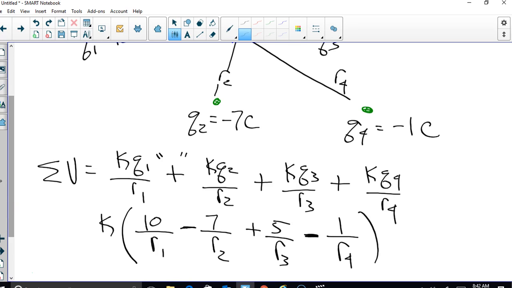But the point is, there's no vectors. Just add and subtract. That's for a collection of point charges like we see there.